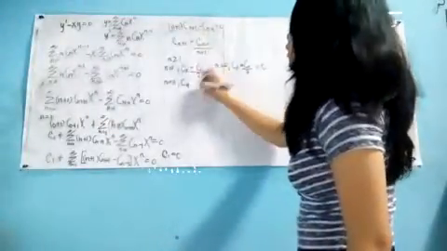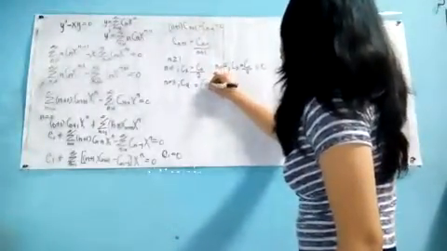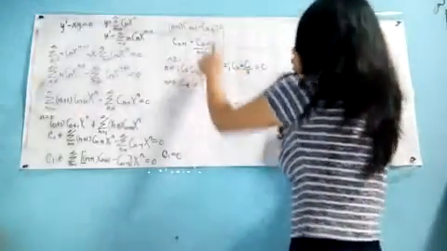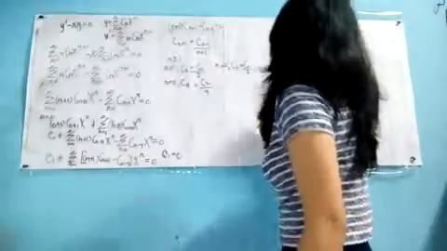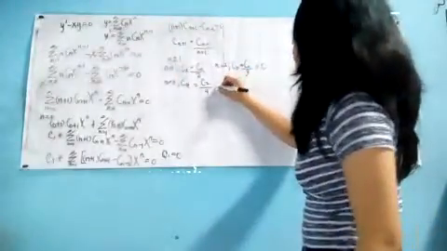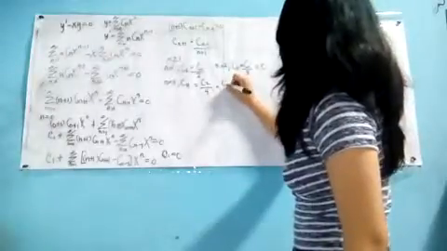c4 is equal to c2 over 4, since 3 minus 1 is 2 and 3 plus 1 is 4. But we have the value of c2, so we will just substitute. It will become c0 over 8.